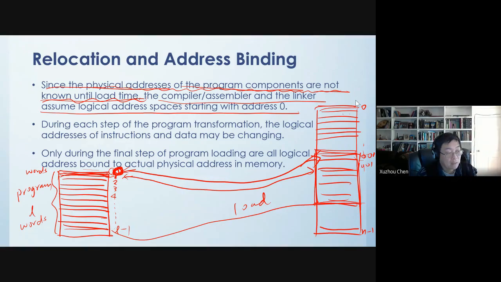So that's why during the loading we relocate the logical address into the physical address, and we do the address binding. We bind the logical address to the physical address.